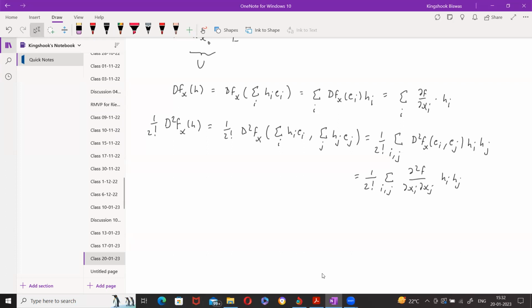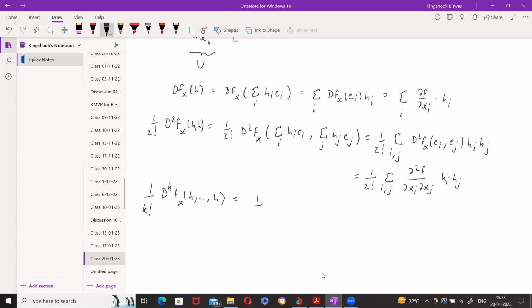Yes, it's clear. Right. So similarly, the kth term, 1 over k factorial d^k f at x applied to h comma h. Sorry, this should be h comma h, there's not an extra h here. Similarly, this will be applied to h comma h k times.